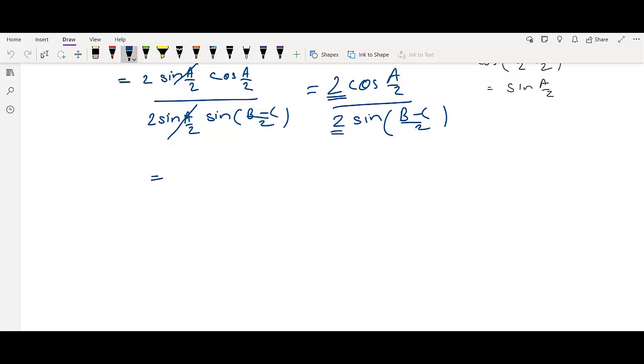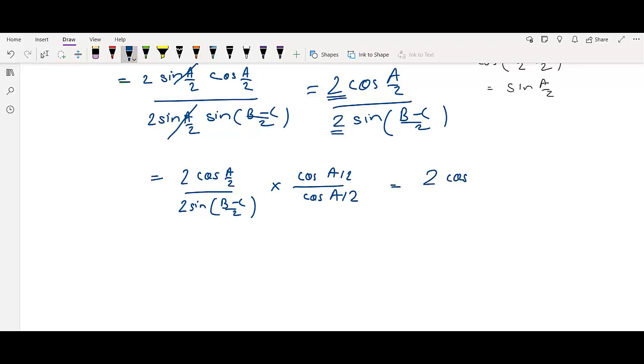So 2 cos of a by 2 upon 2 sine of b minus c by 2, again multiplying and dividing by cos a by 2. This cos a by 2 gets multiplied with this cos a by 2, and it gives me 2 cos square a by 2.